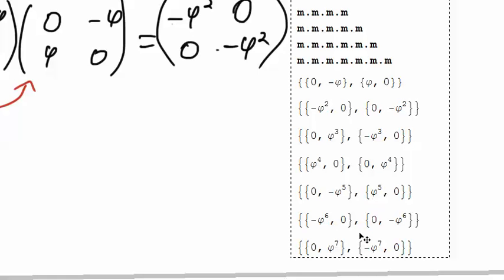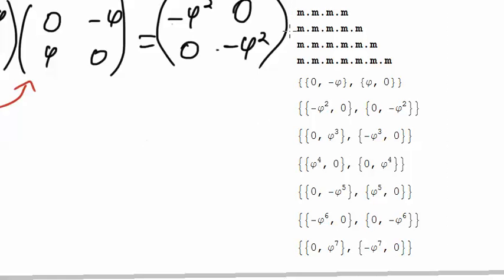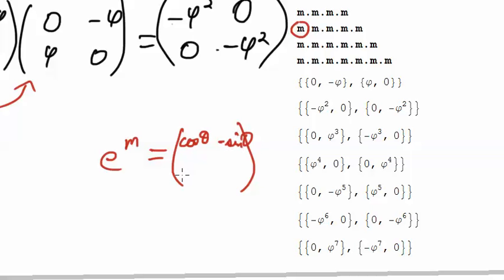And what you can do with these quaternions is actually, if you define m properly, then e to the m, and I think you can do this without any imaginary numbers in there, equals the rotation matrix: cosine theta, negative sine theta, sine theta, cosine theta.